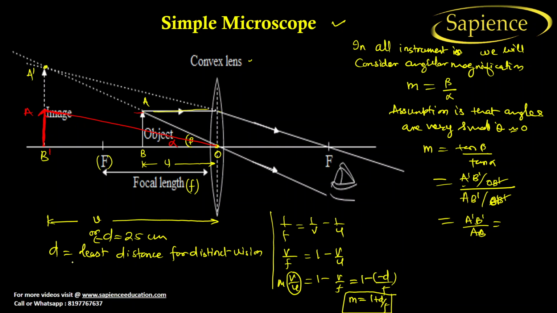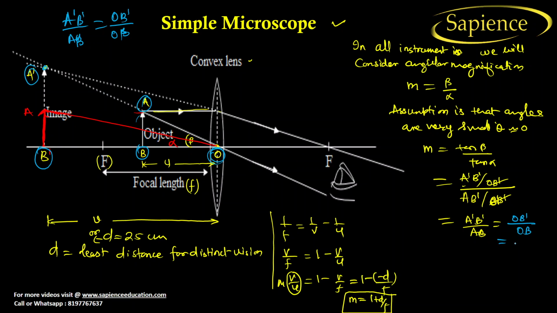Now if we talk about this triangle A'B'O and AB and O, what we can infer from here is that A'B' divided by AB can be written as OB' divided by OB. So from here we can write A'B' by AB is equal to OB' divided by OB.